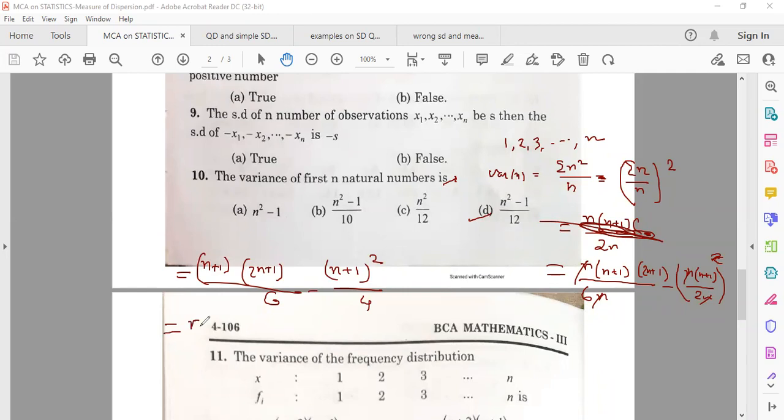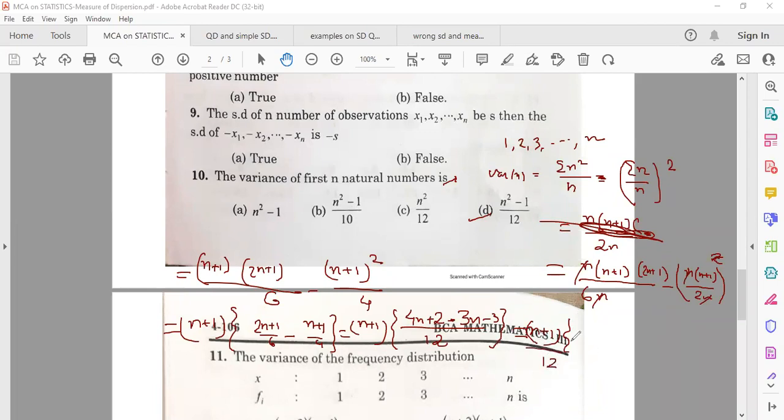That implies you can take n plus 1 common, and 2n plus 1 by 6 minus n plus 1 by 4. Taking LCM as 12, n plus 1 into 4n plus 2 minus 3n minus 3 by 12.